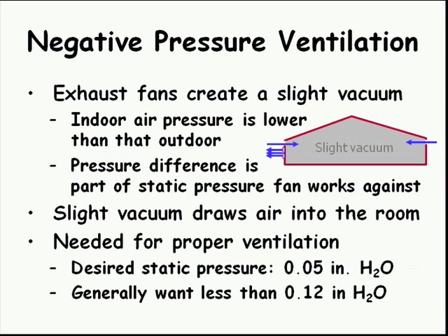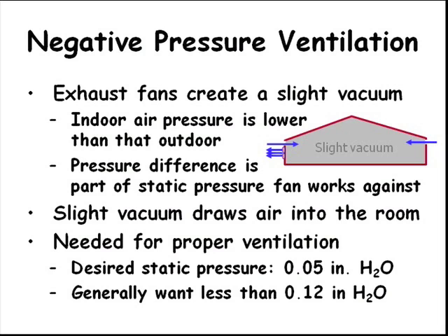In negative pressure ventilation systems, commonly used for swine and poultry, we have exhaust fans that are blowing air out of the building, and this is creating a slight vacuum inside the building. This is part of that static pressure that the fan has to work against.